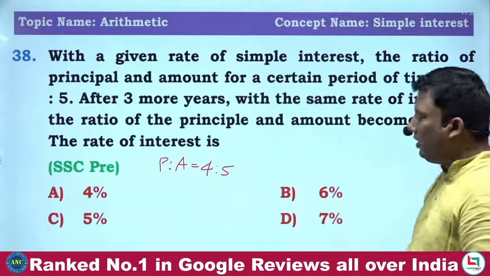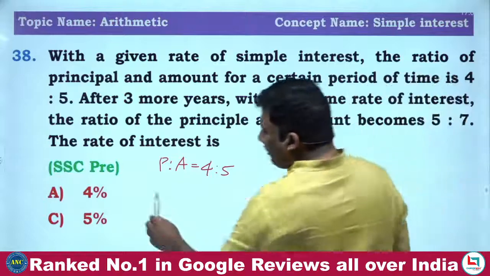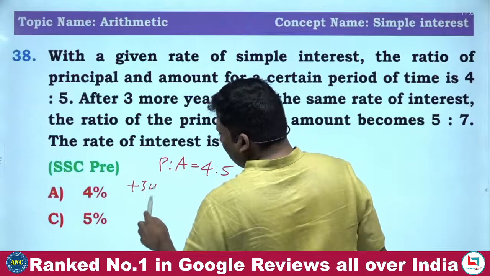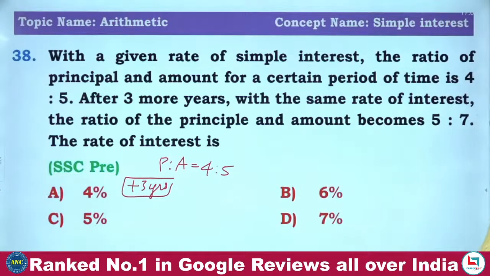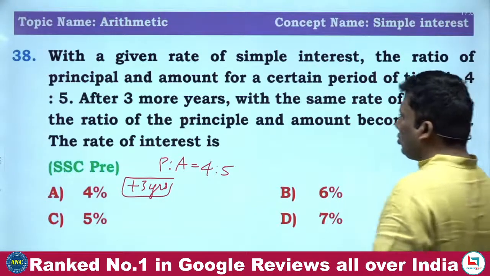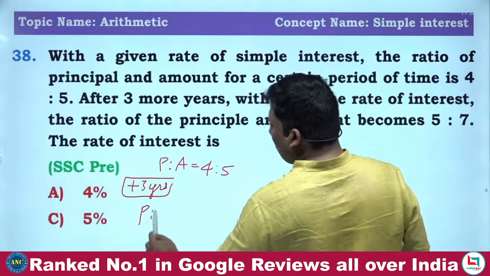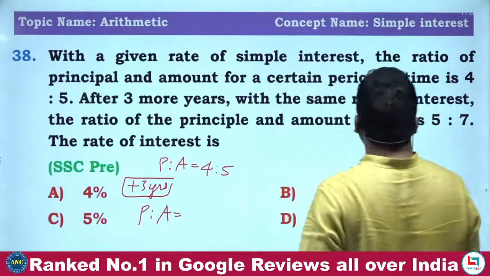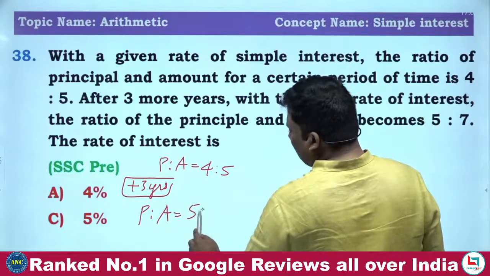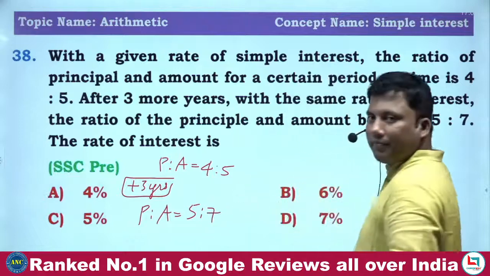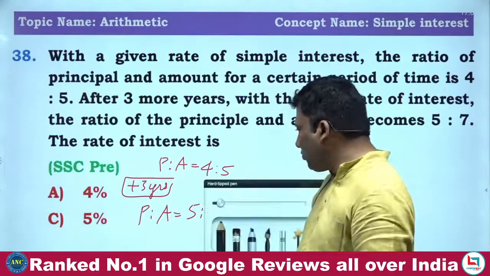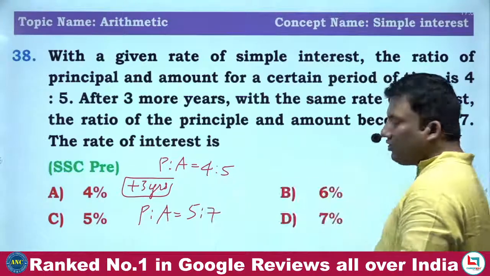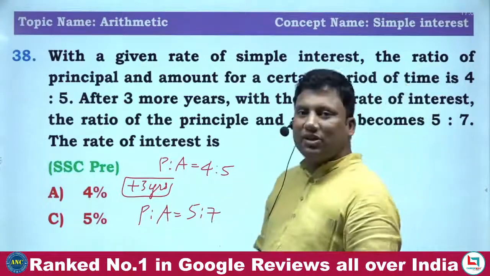After 3 years, with the same rate of interest, the ratio of the principal and amount is 5:7. Initially, the ratio of principal and amount is 4:5. After 3 years, it is 5:7.